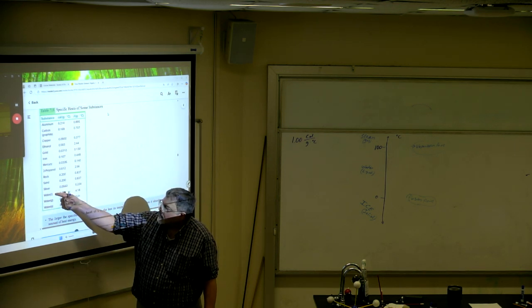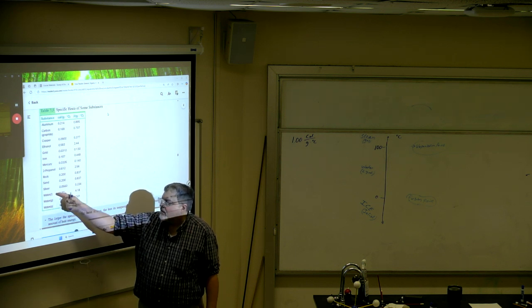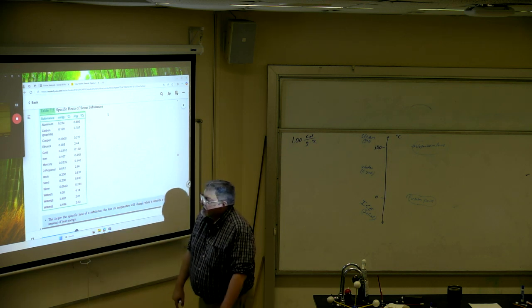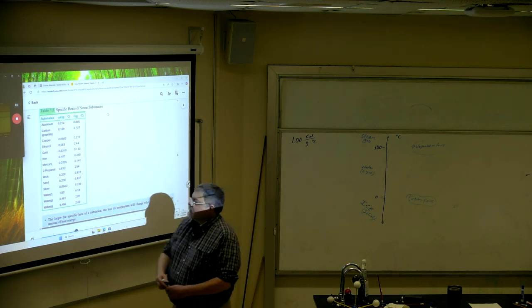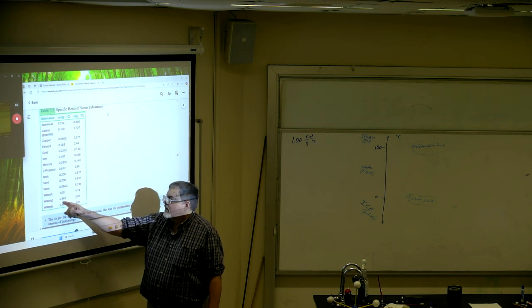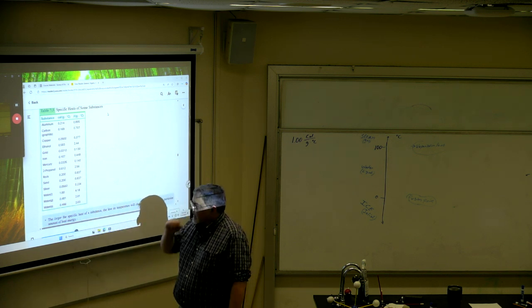Here we have water as a liquid, water as a gas, water as a solid, AKA water, steam, and ice. And notice that it is different. To change the temperature of steam, it only takes 0.481 calories per gram per degree C.